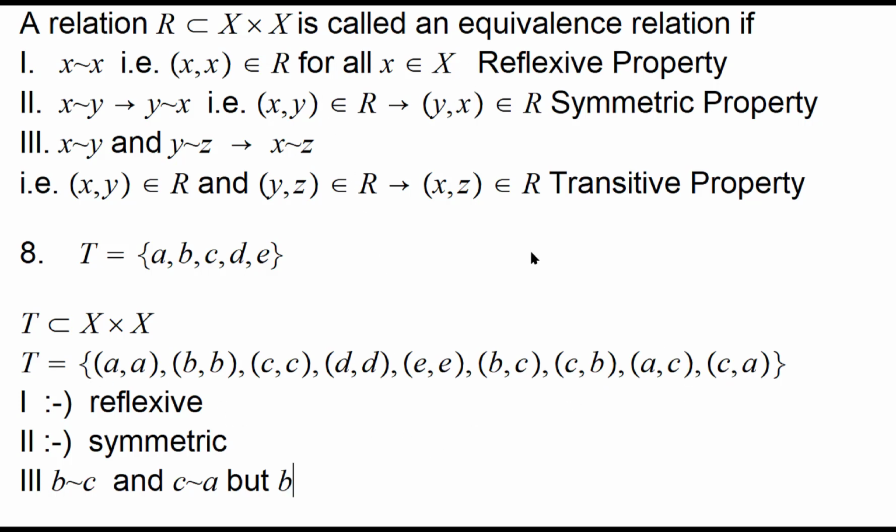So B is not related to A. So what happened is that we did not get transitivity here.